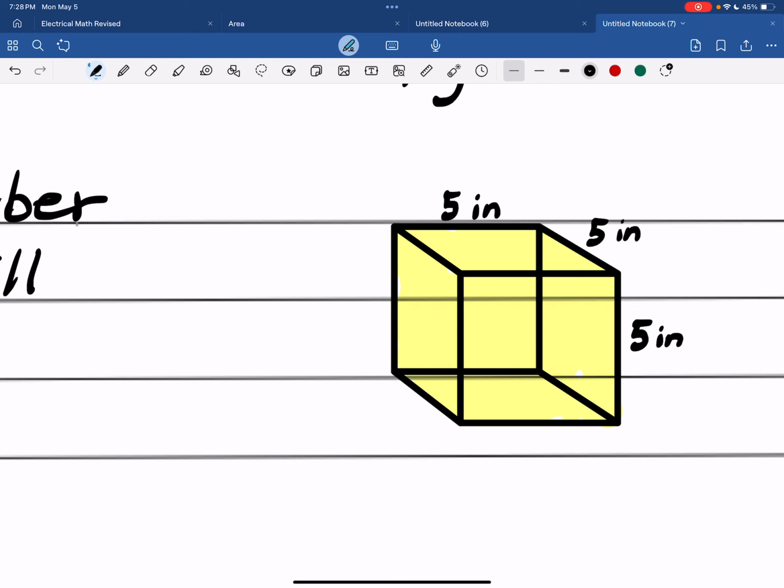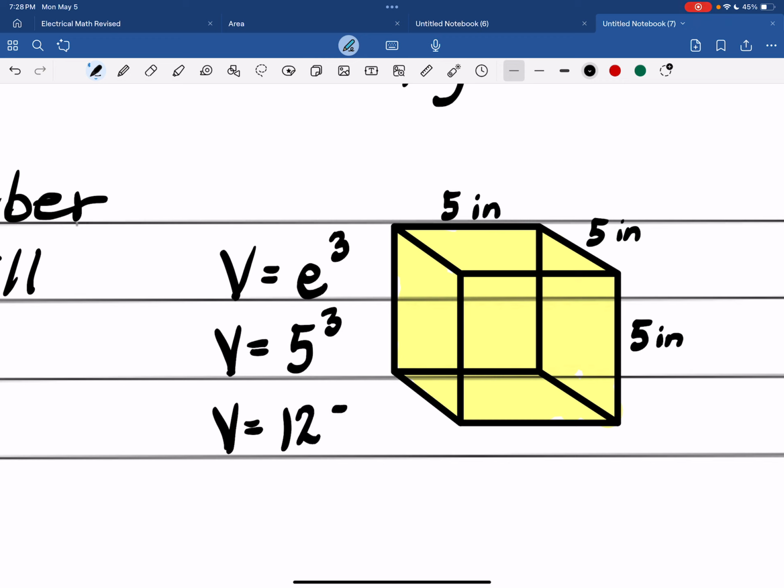That's a volume formula. And if you're dealing with a cube, your formula is edge to the third power. So you would say 5 to the third power, or 5 times 5 times 5 is 125 cubic units. In this case, the unit is inches.